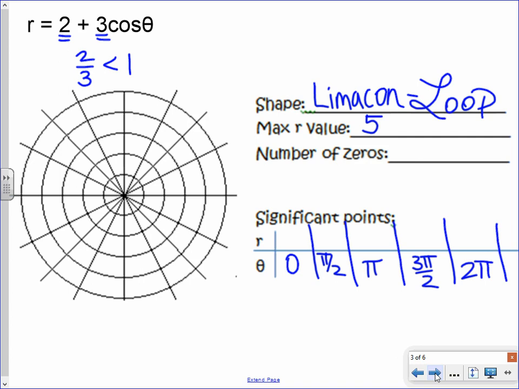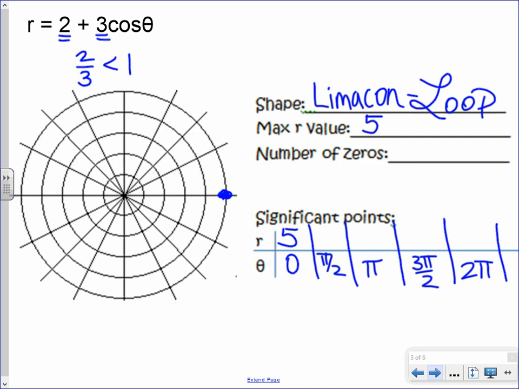So, let's go. What is the cosine of 0? 1. So we have 2 plus 3 times 1, which is 5. Our first coordinate is (5, 0).